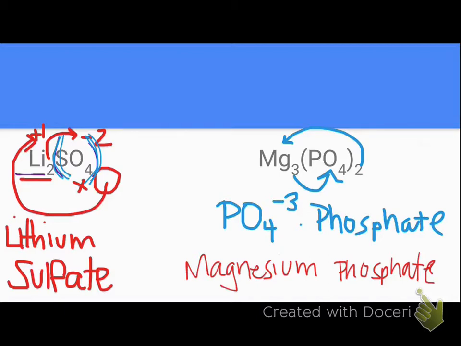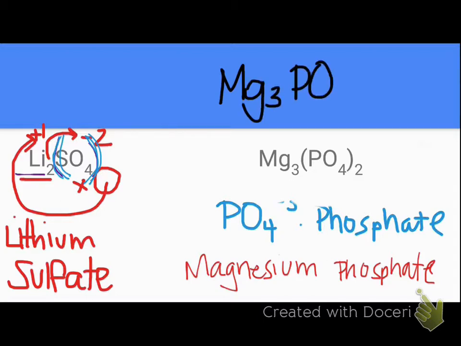Alright, so let's take a look at what this would look like if we didn't use the parentheses, so I can give you an idea of why those parentheses are so important. If not, it would look like this. Mg3PO4 2.